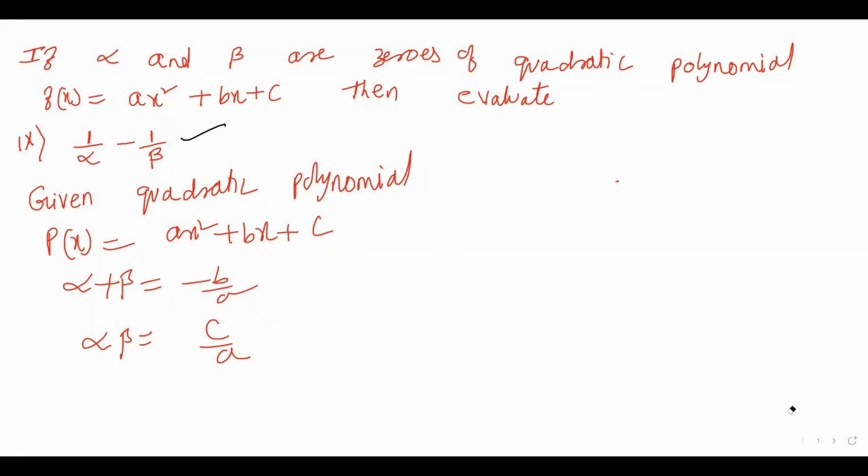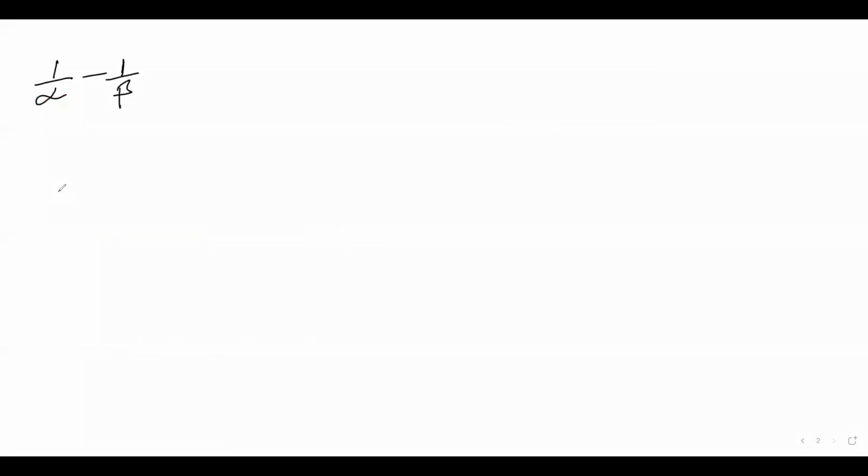Let's start. 1 by alpha minus 1 by beta. Take LCM. Beta minus alpha by alpha beta. Take minus common. When you take minus common, this minus alpha will become plus, and this plus beta will become minus.